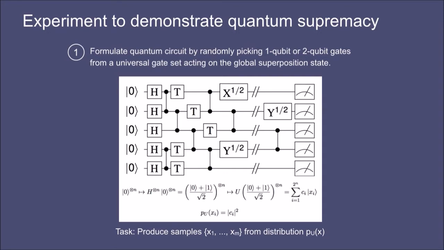So the Hilbert space involved here is 2 to the number of qubits you start with. And then you will, at the end, measure the state. But measuring a quantum state is really sampling from a probability distribution encoded in this quantum state.